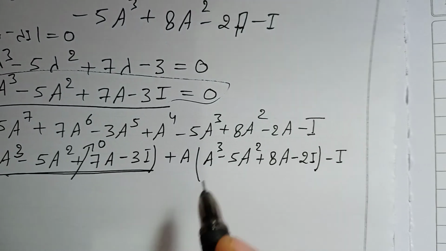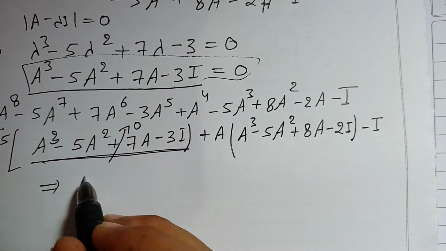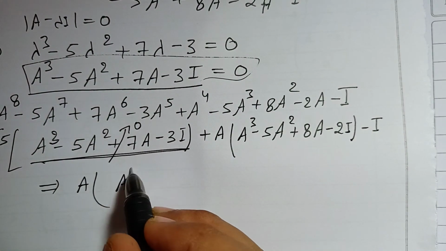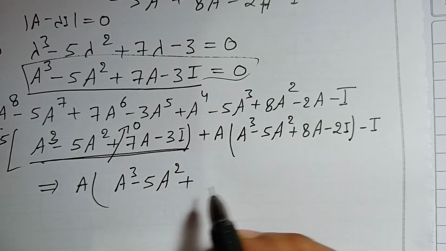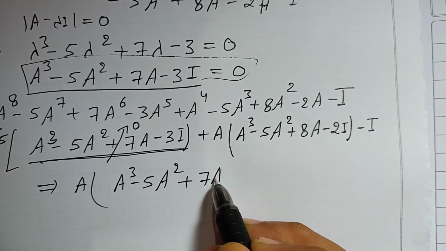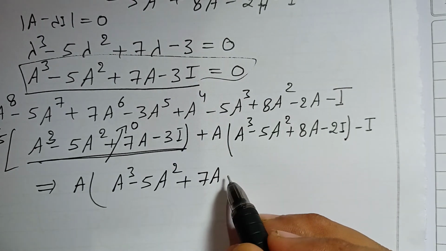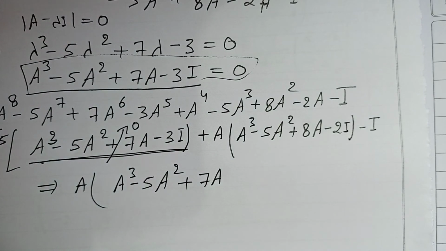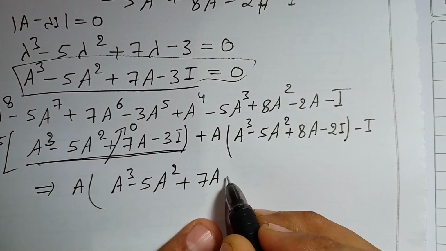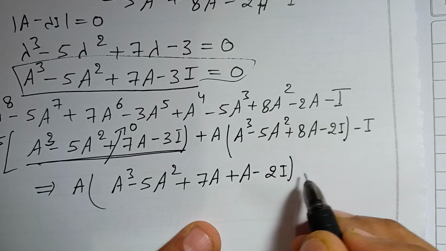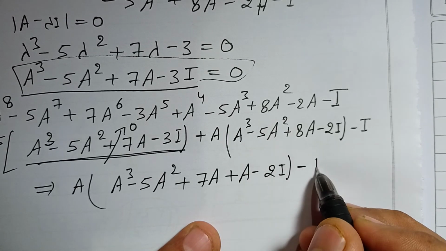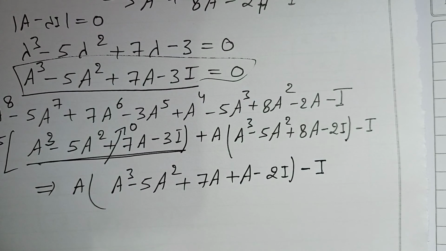So we get two terms. The first term is now A times (A cube minus 5A square, and we have 8A, so we write 7A plus A) minus 2I and minus I, fine.